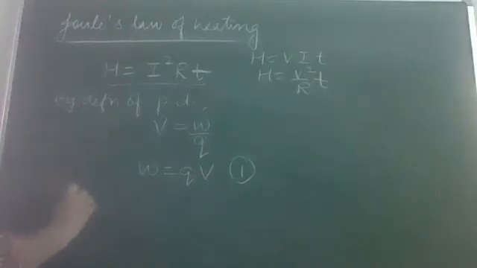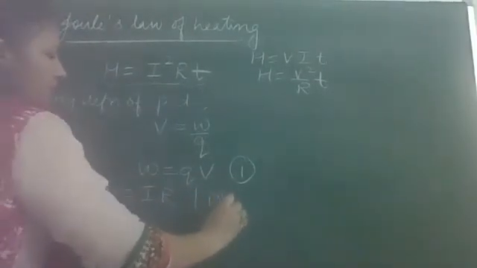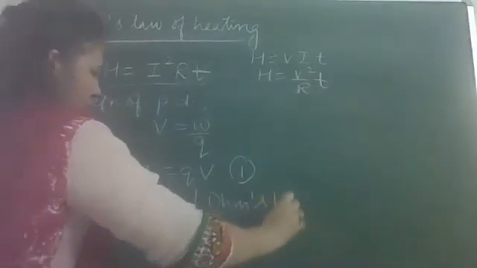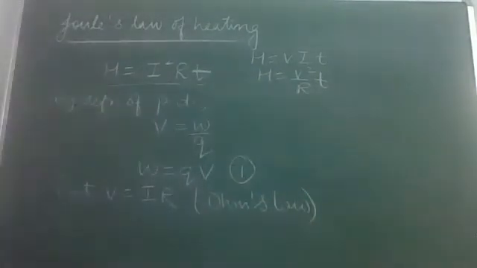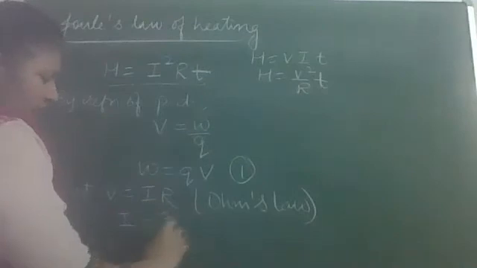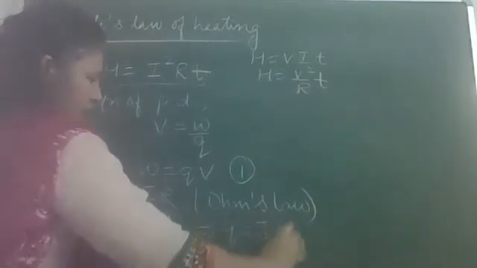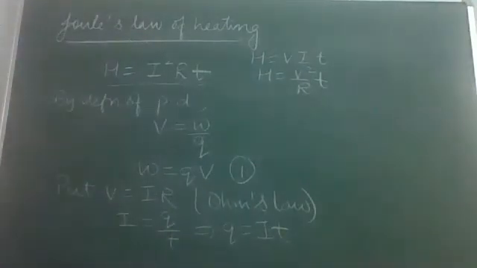Now put V is equal to IR from Ohm's law. Using Ohm's law, we have V is equal to IR, and by definition of current, I is equal to Q by T. So we will put Q equal to IT. Make both the substitutions in equation number 1.